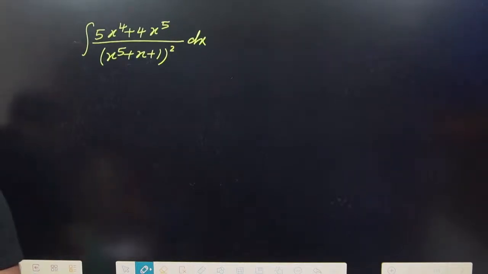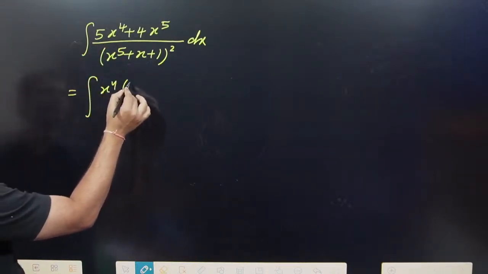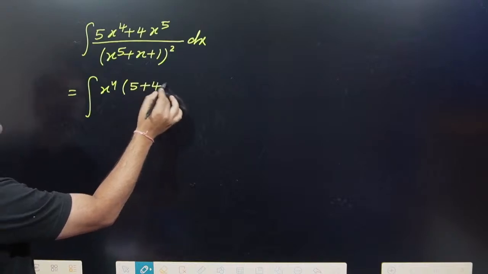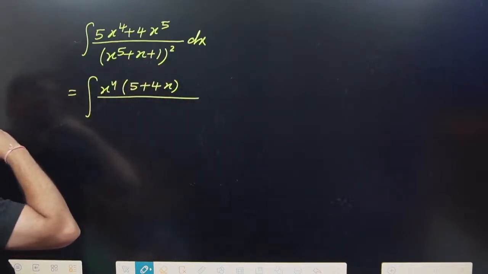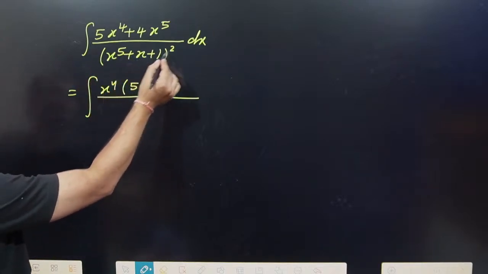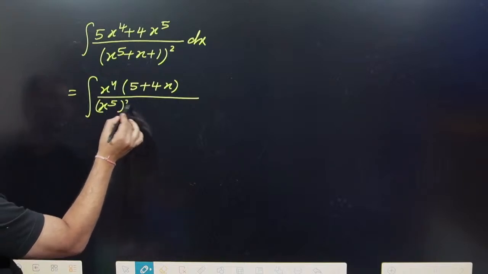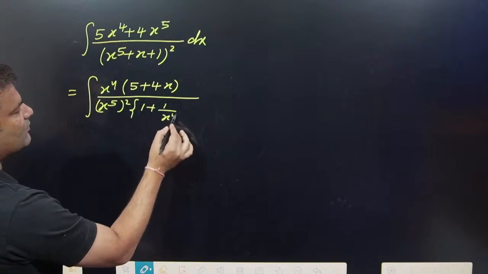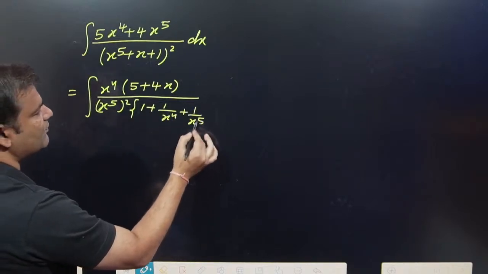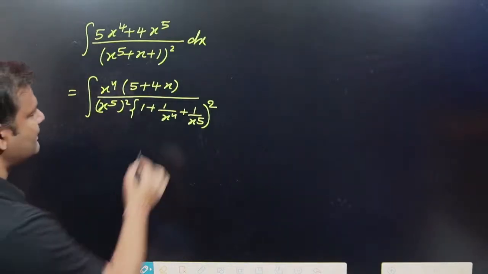Look here. If x to power 4 is common, then we get 5 plus 4x, and here x to power 5 plus x plus 1 to the power 2. So if x to power 5 is common, means 5 to power 2, and that one is written as (1 plus 1 by x to power 4 plus 1 by x to power 5) to whole power 2, into dx.